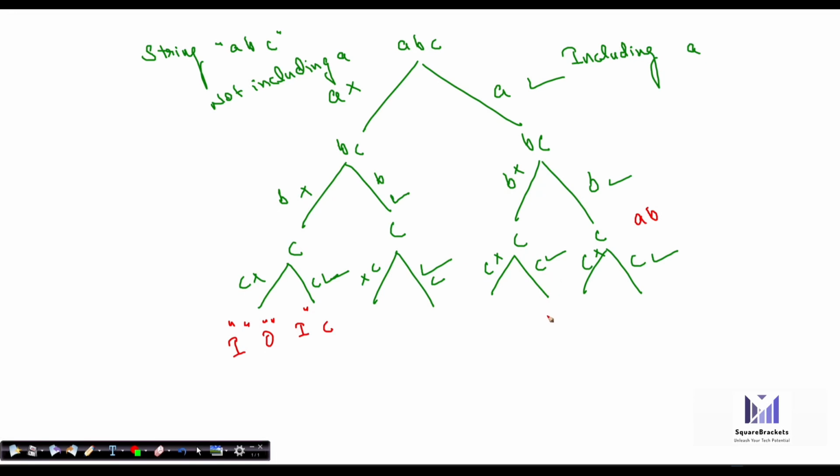It will become ABC, then AB, then A. Then you have to exclude A here, so it will become BC, then you will only get B. So this is how you will get all the subsequences.